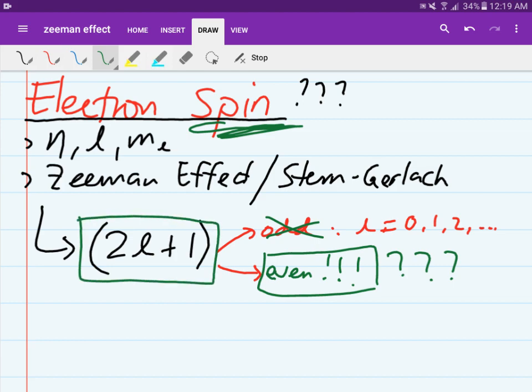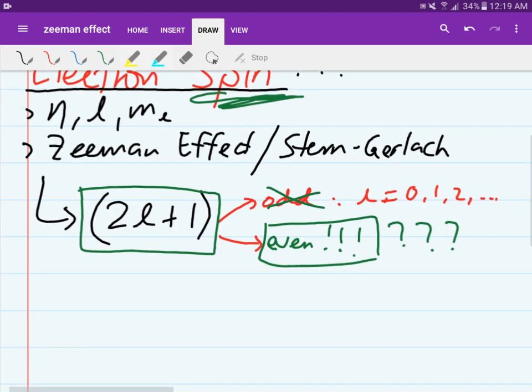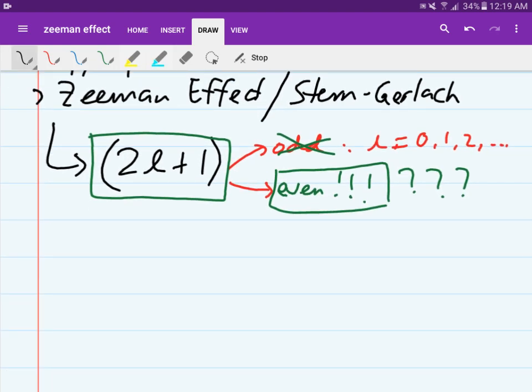So 2l plus 1. For this to give an even number, let's have a hypothetical number j. This should be some half integer value. For example, 2 times 1/2 plus 1 would be 2, which is even.